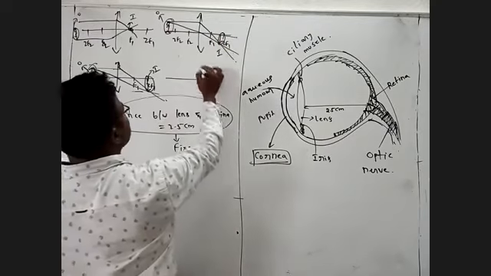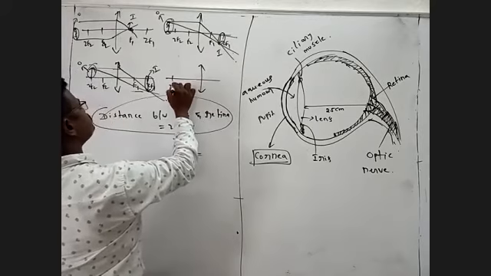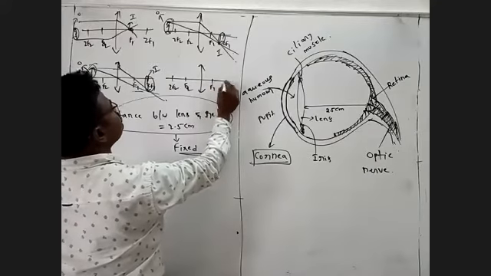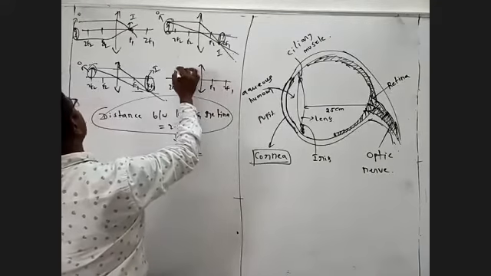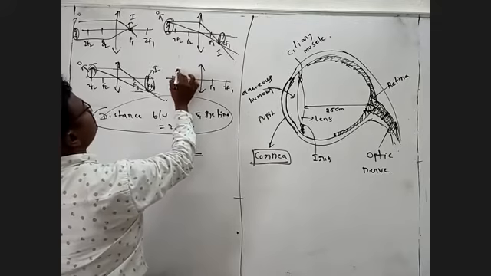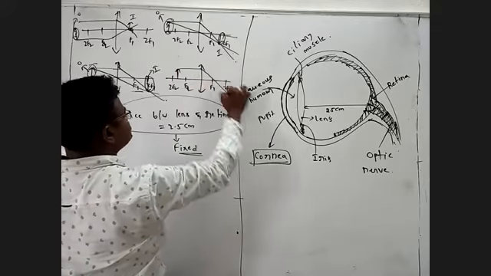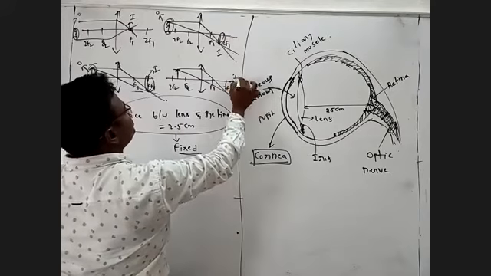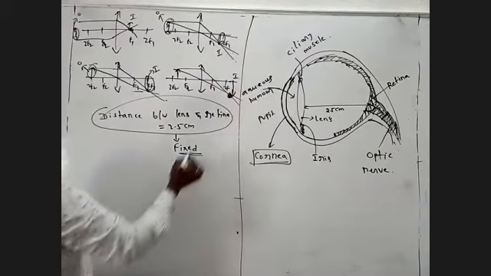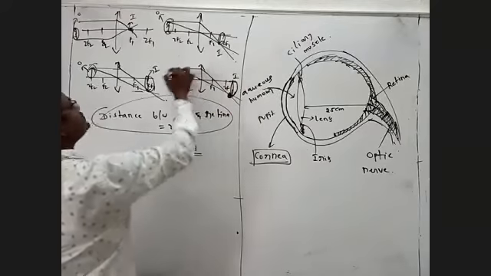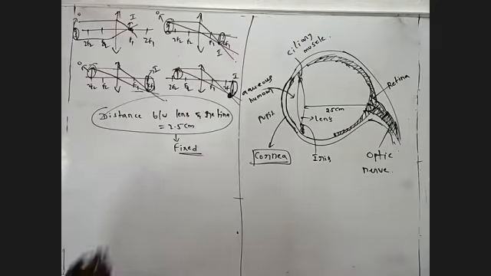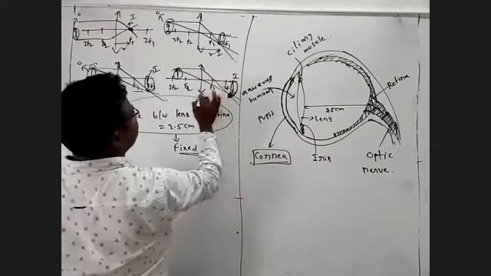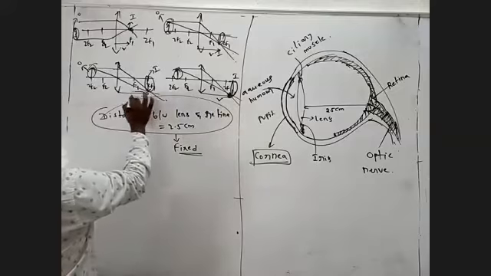Next, the object is placed here and the image forms here.